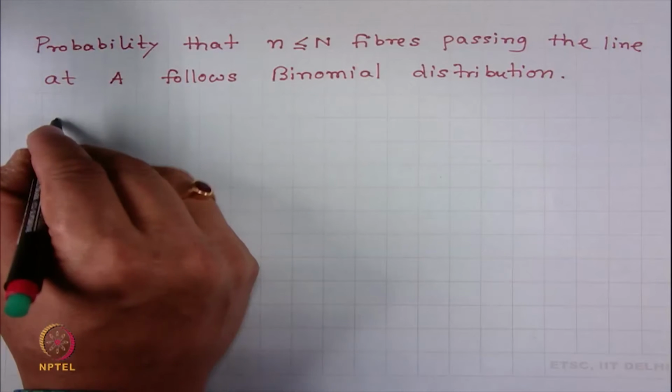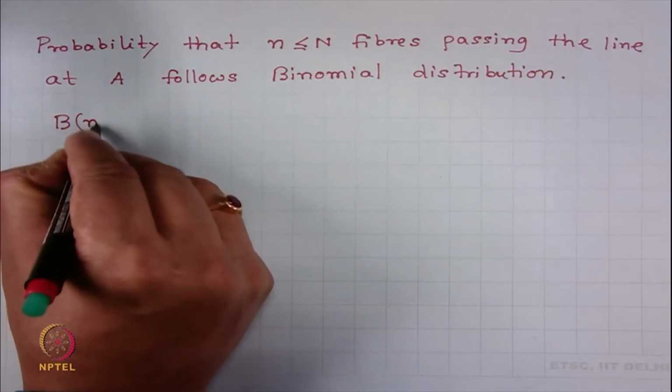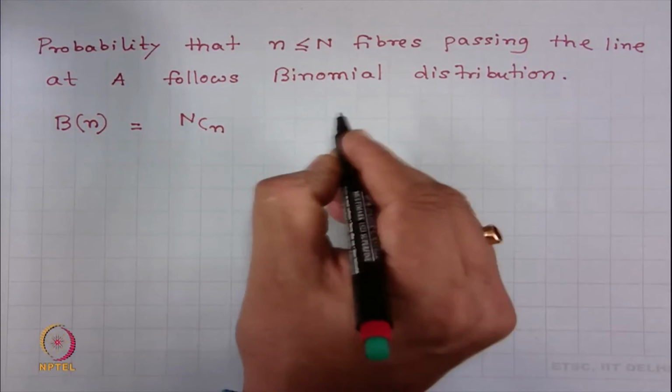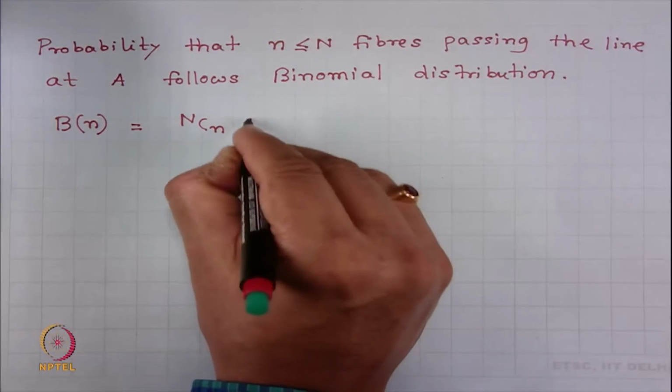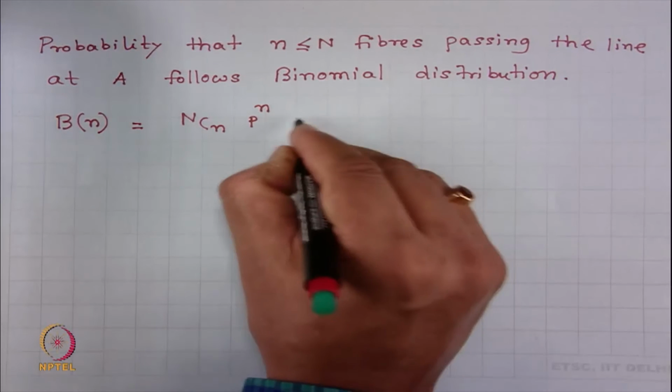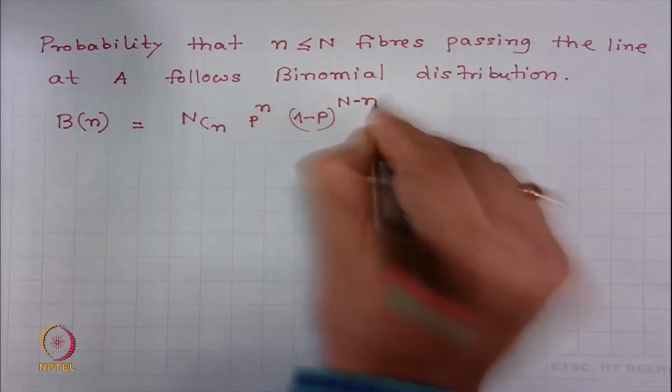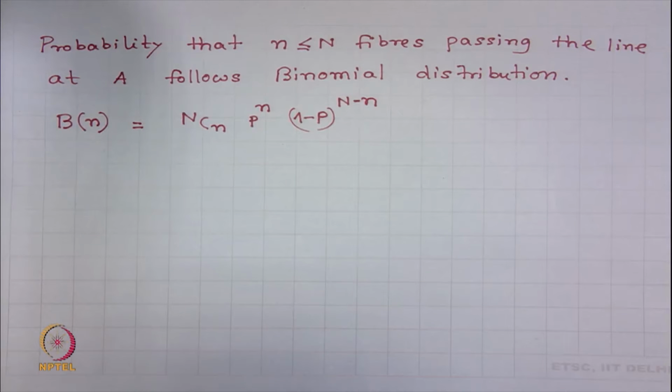In this binomial distribution, the probability is capital N C n, probability to the power n, failure to the power capital N minus n, right.